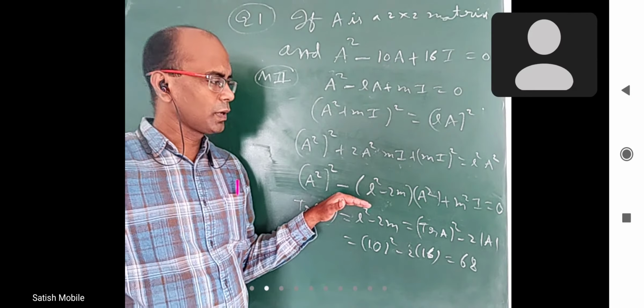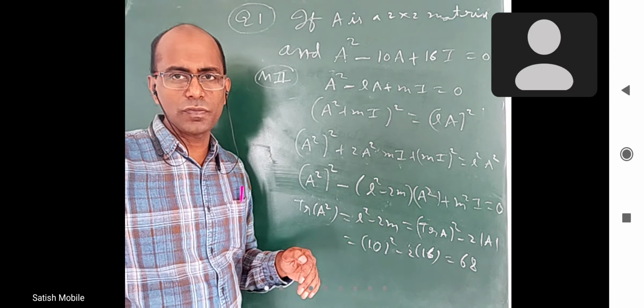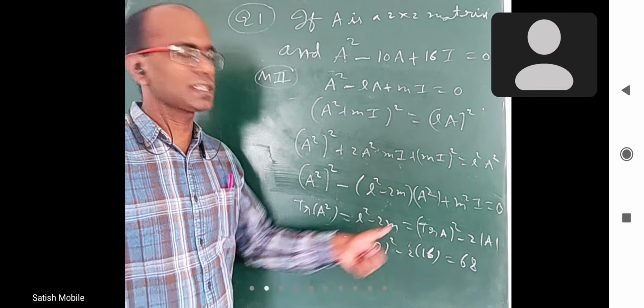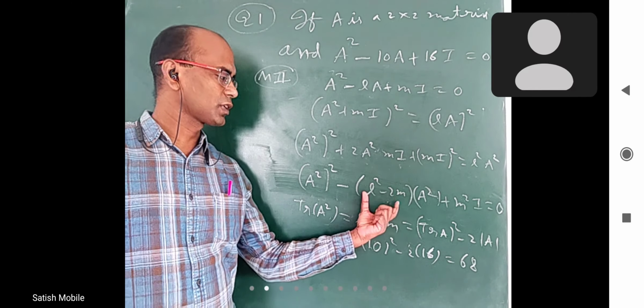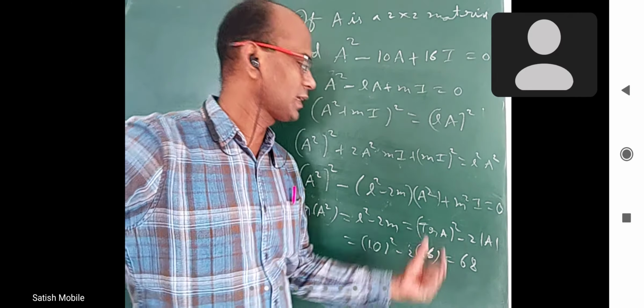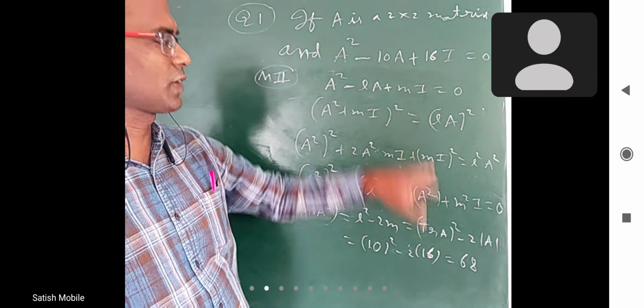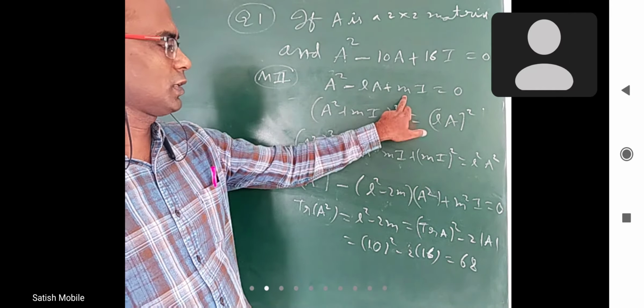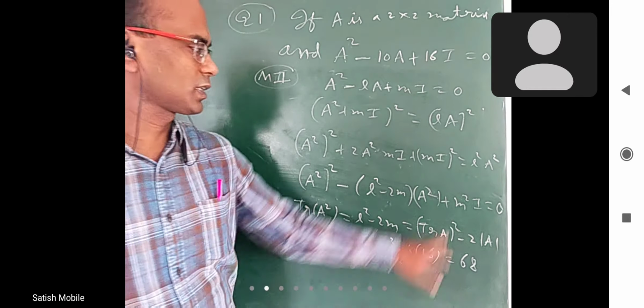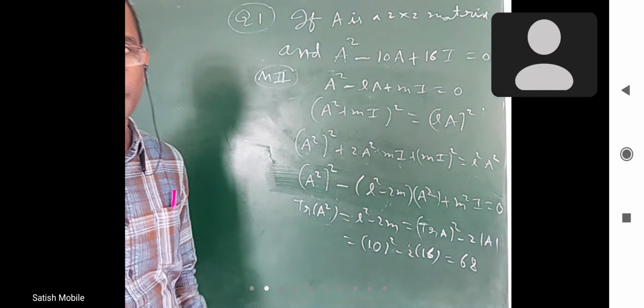So I formed a new quadratic equation where A is not satisfying, A square is satisfying. So this coefficient will be trace of A square, this will be det of A square, and that we know anyway because det of A is m, and det of A square is m square. So that doesn't give you any new thing, but this will give you something like that.